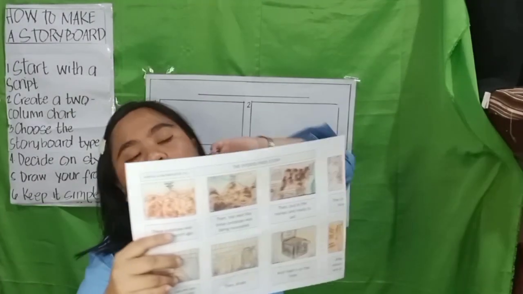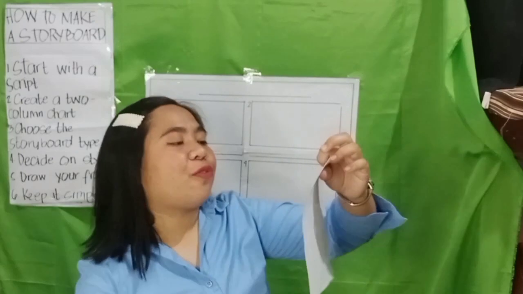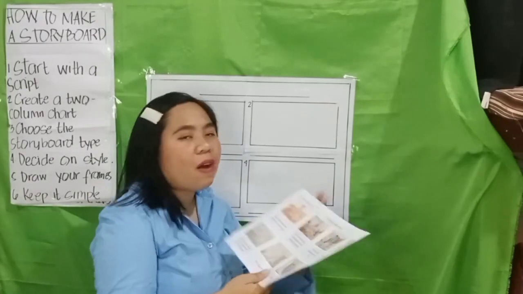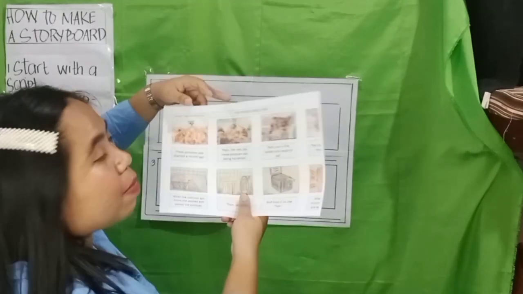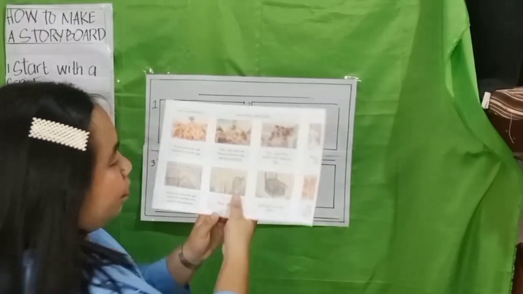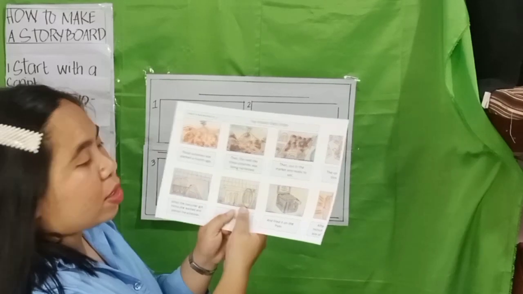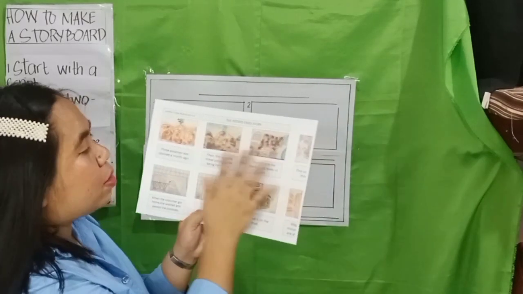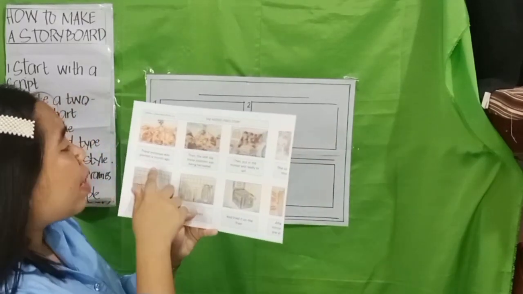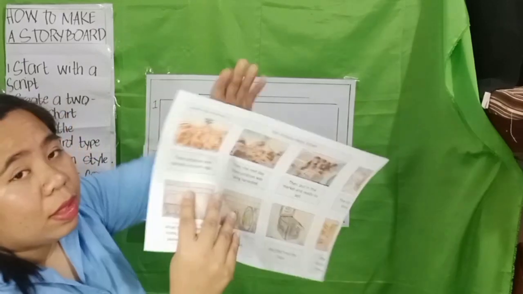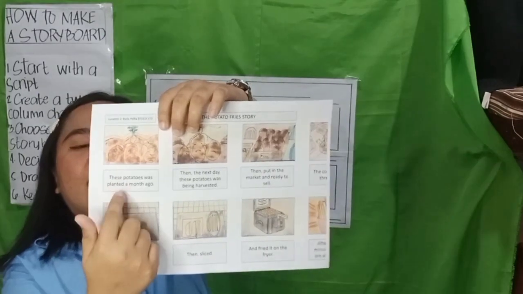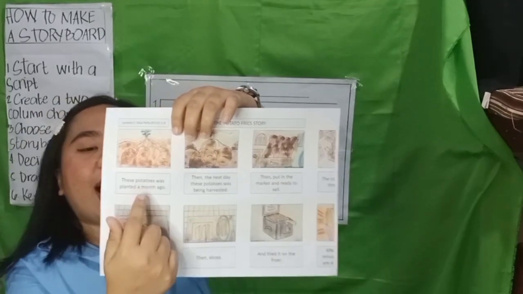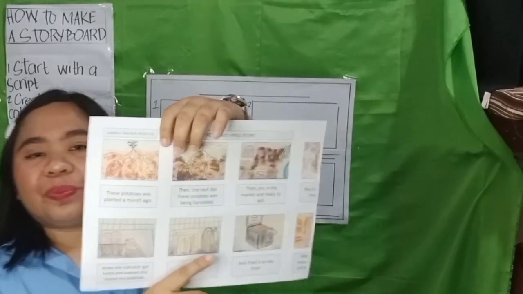My storyboard is all about potato fries. As you can see, there are 8 frames in my storyboard panel, so there's a sequence of the scene. On the first scene, or the first frame, there's information, or the caption, that was indicated: these potatoes were planted a month ago.